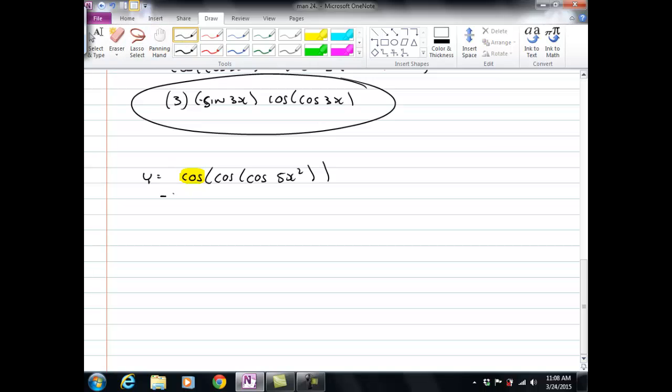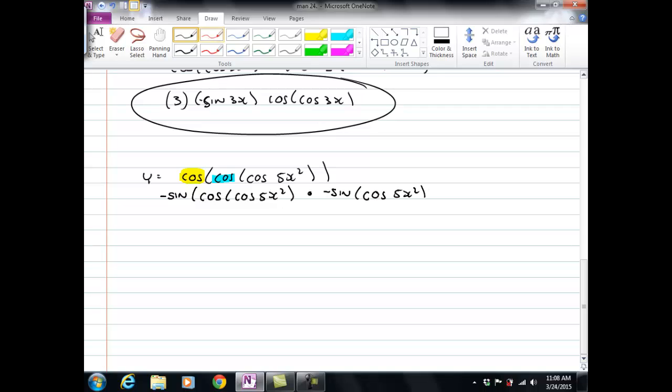So this becomes negative sine. I keep everything in the bracket the way it is, times cos 5x squared. See? Nothing more. Then I go times. Now I'm going to do the next piece, which becomes negative sine cos 5x squared.